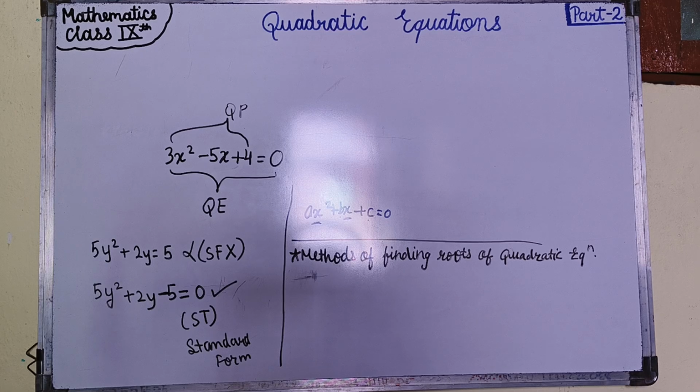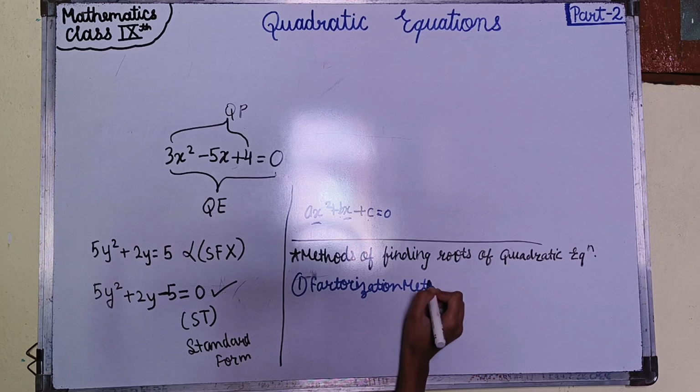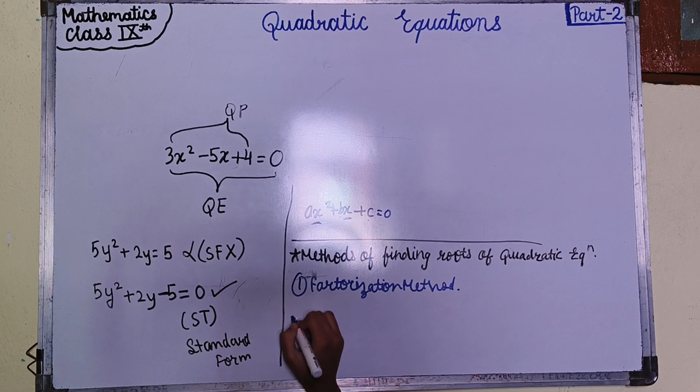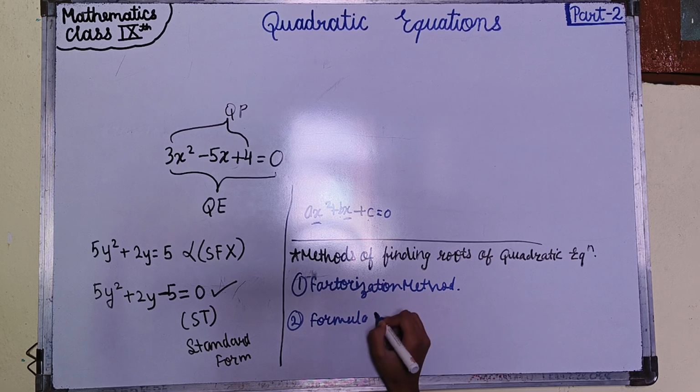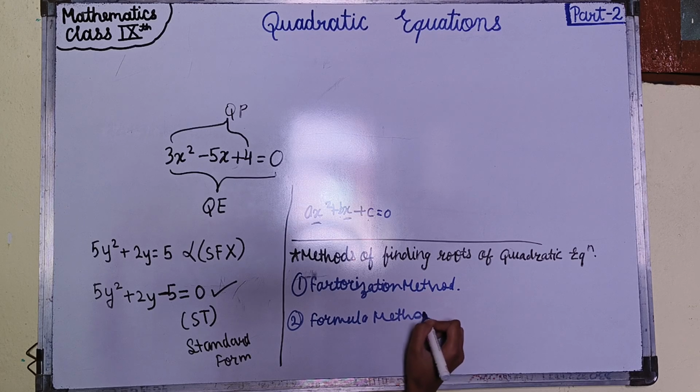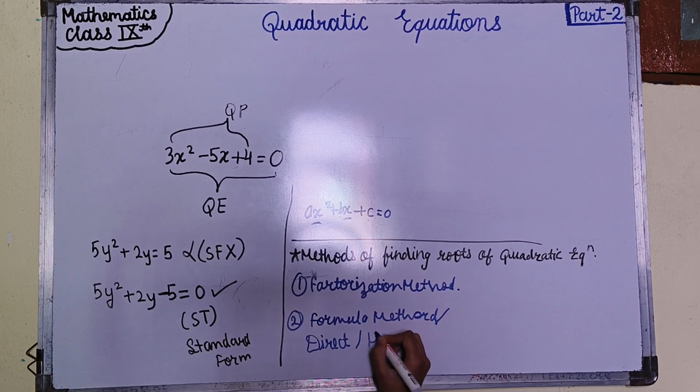So first method is factorization method. And second method is formula method, or direct method, or Hindu method.